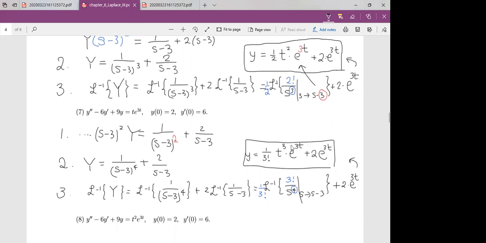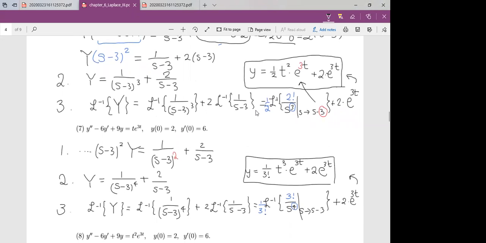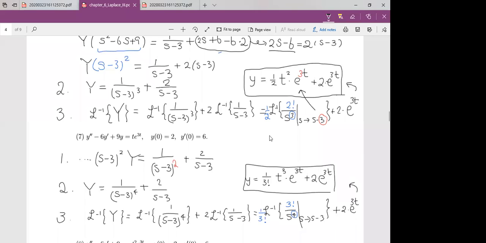And actually this change is not surprising because the characteristic equation is r squared minus 6r plus 9 equals 0, r equals 3 with multiplicity 2. So your general solution is going to be C1 e to the 3t plus C2 t e to the 3t, right?